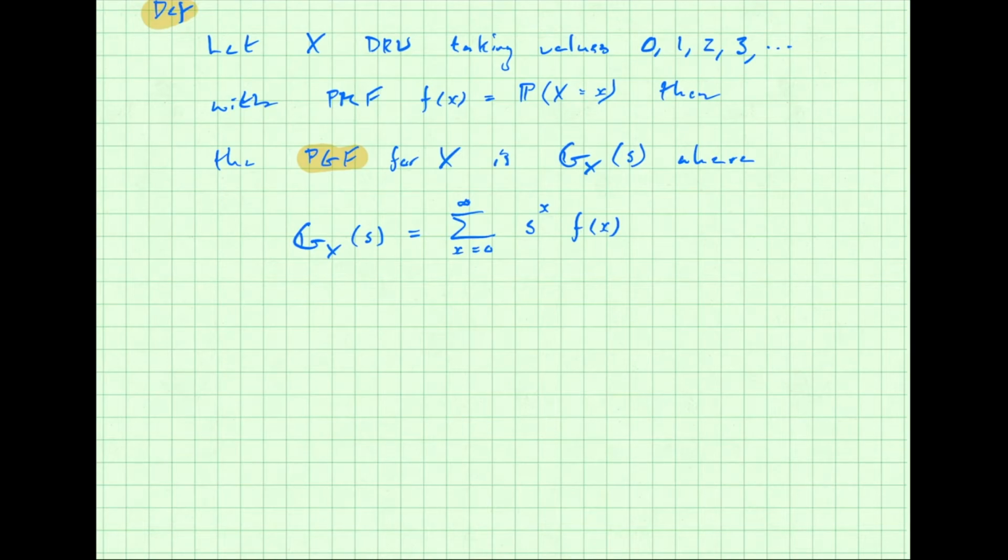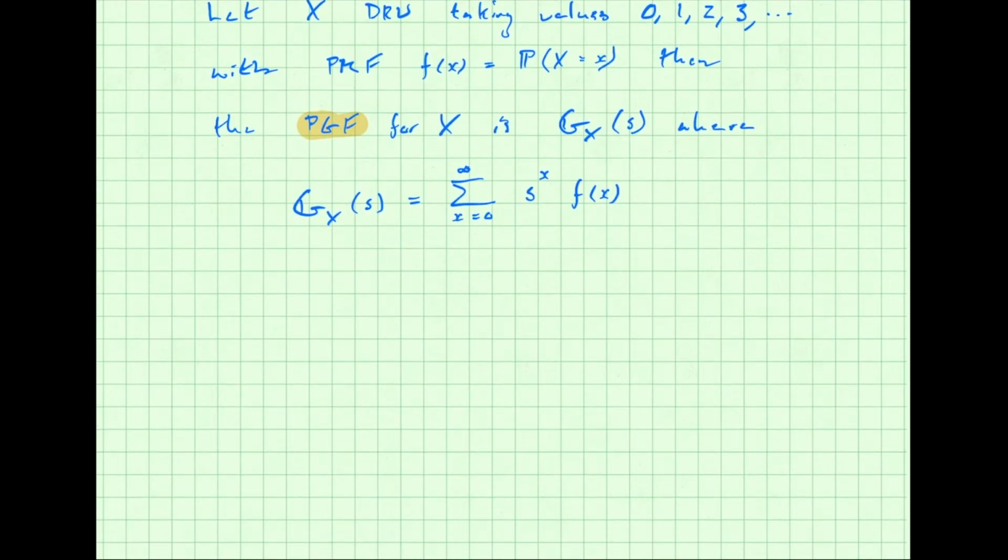If you look at that for a little while and ask yourself what the right-hand side looks like: here's some function of x, and here's the probability that big X takes on the value little x.